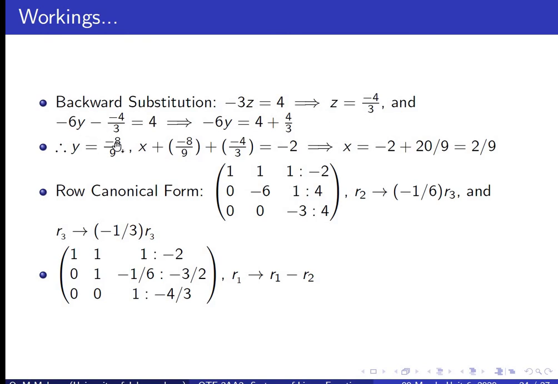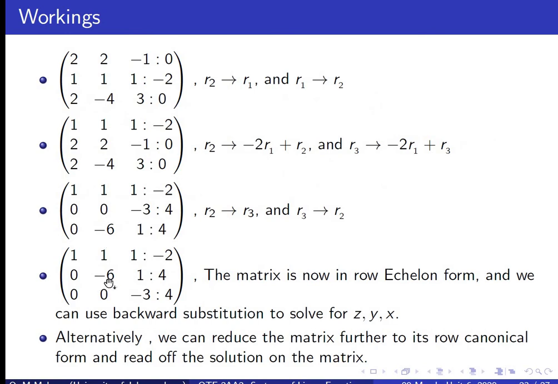And negative 6y plus z is equal to 4. This row corresponds to negative 6y plus z is equal to 4.